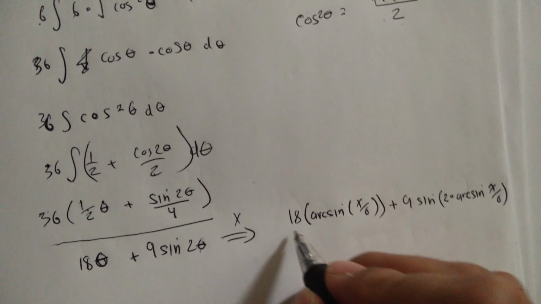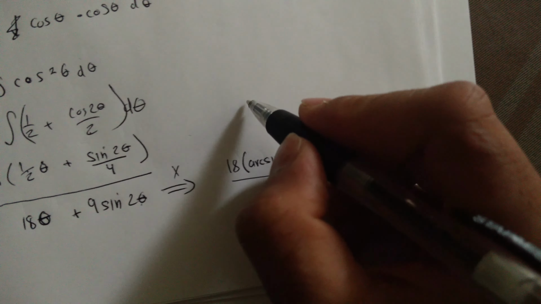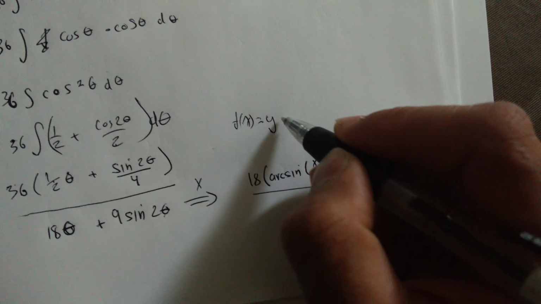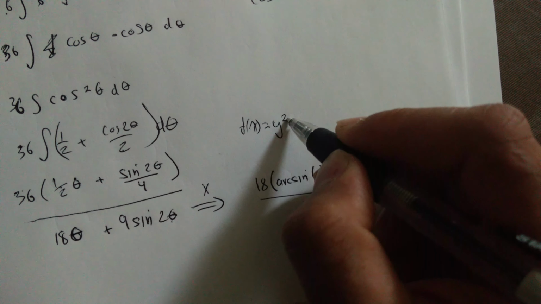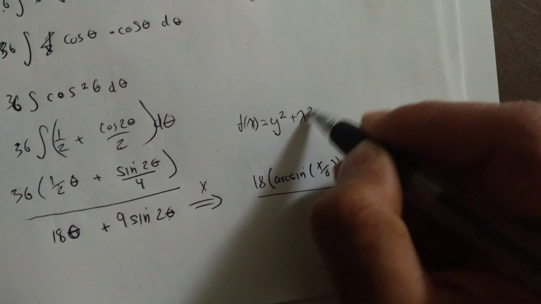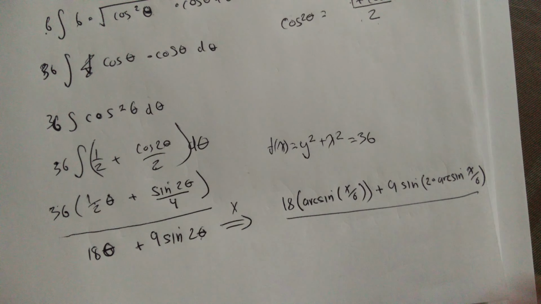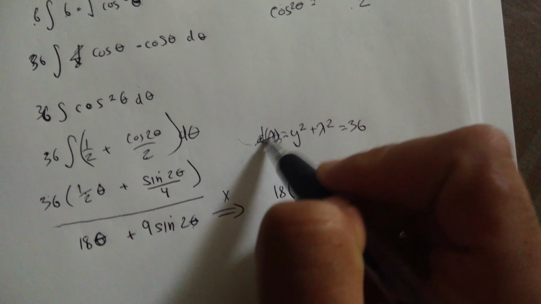And that is the integral of a circle, or a semicircle, with the equation y squared plus x squared is equal to 36.